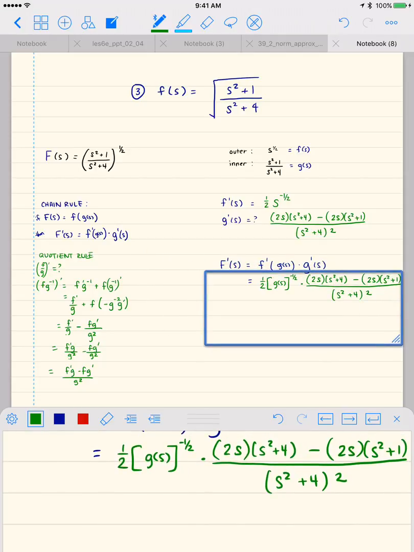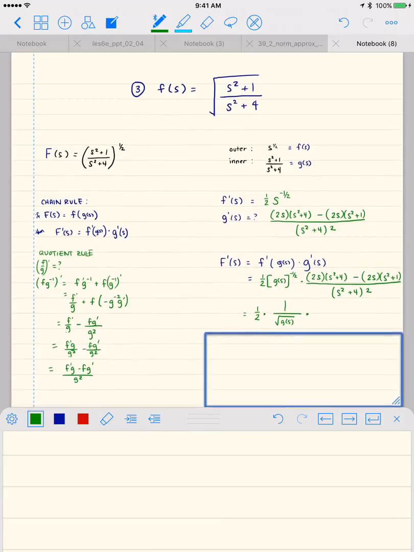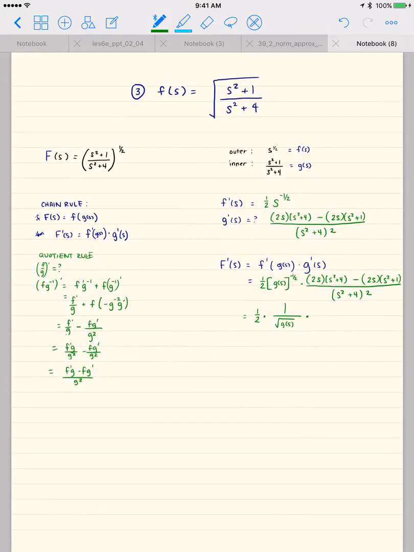Okay, so this is now equal to 1/2 g of s to the negative 1/2, which is the same as 1/2 times 1 over the square root of g of s, right? Times that.